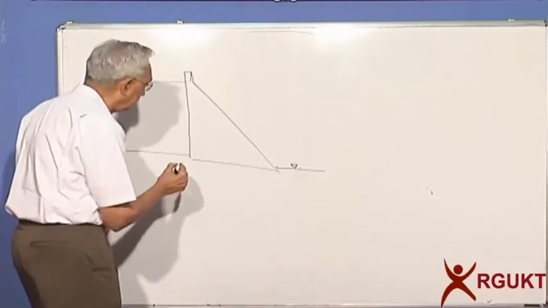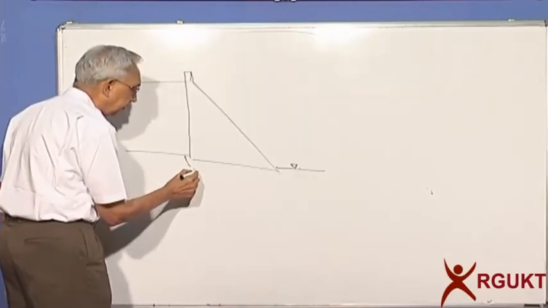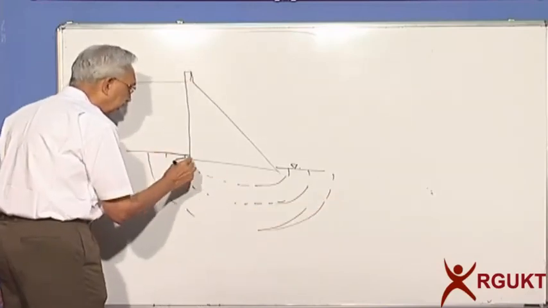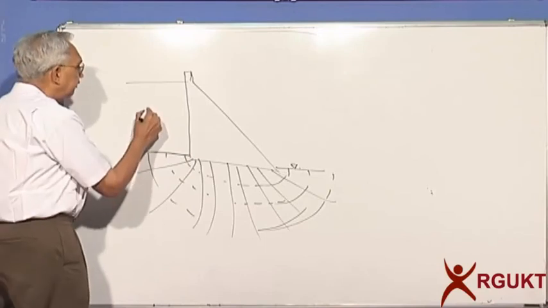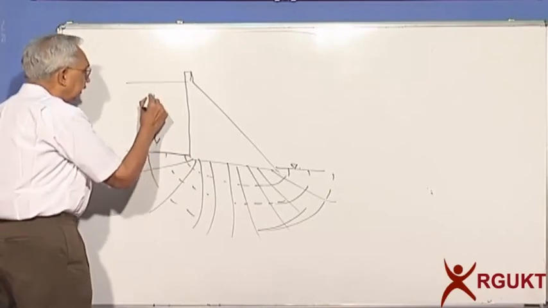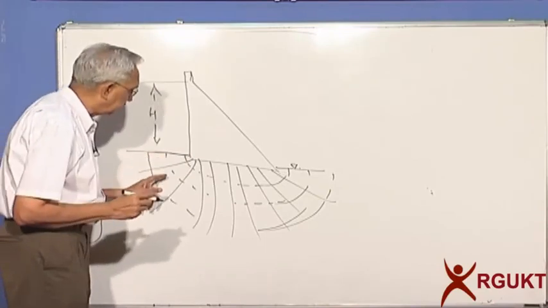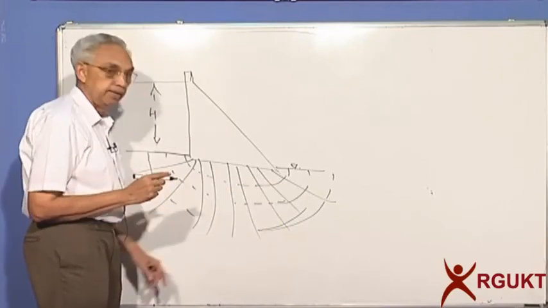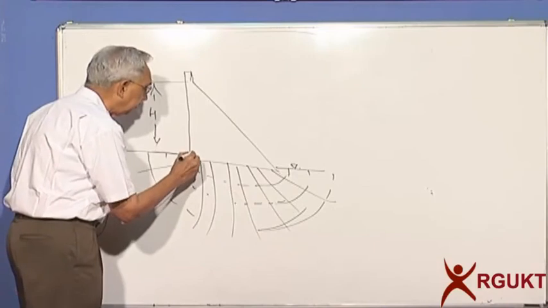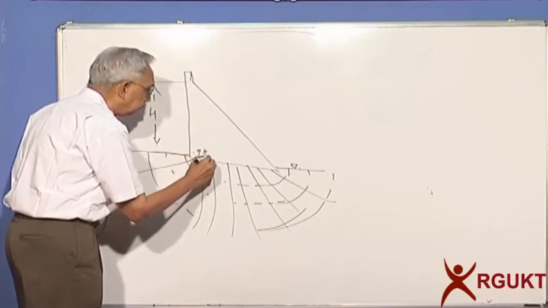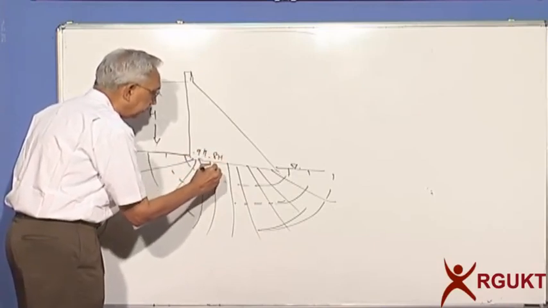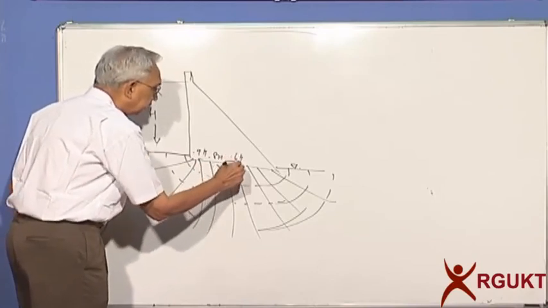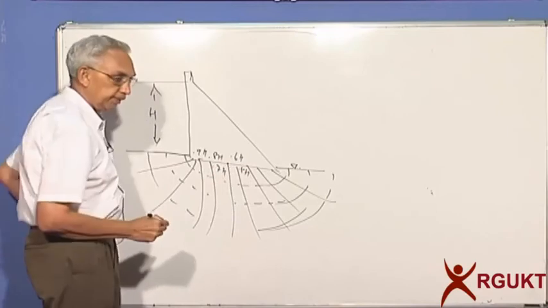If I draw the flow net as you have drawn earlier, let's draw the equipotential line. 1 here, and if this is H, let us say how many head drops? 1, 2, 3, 4, 5, 6, 7, 8, 10. Can I say that the head will be 9H? This will be 0.8H. This is 0.7H, 0.6, 0.5, etc.